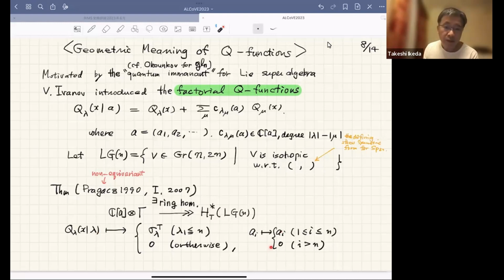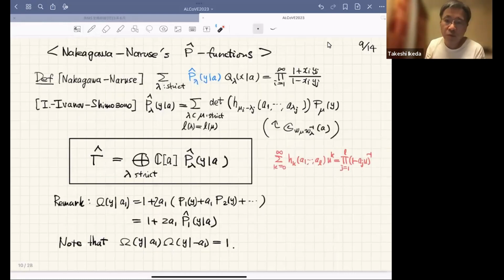Okay, so we consider the kind of dual of these functions. Let me introduce the dual of this factorial Q by this identity, where lambda runs over all strict partitions. We can formally define the function by this identity, and we happen to know that this is an infinite sum of P functions like this.